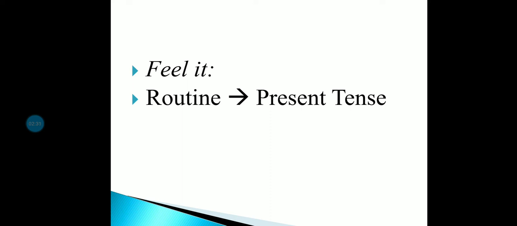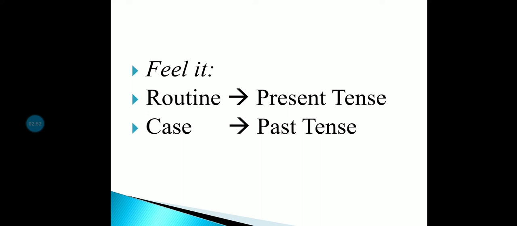But if the activity or the action or the event that you express is not something that you do on a regular basis, it's not something that happens regularly, it's not a routine, it is not a habit, it's just a case, okay, that may happen once in a while but not every time, you put it in past tense. All right?